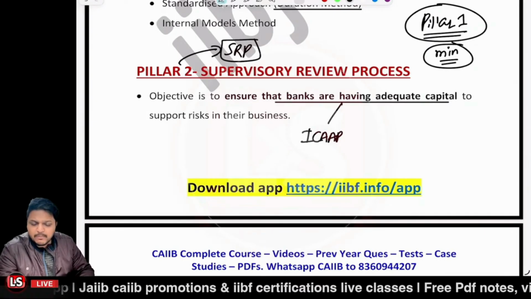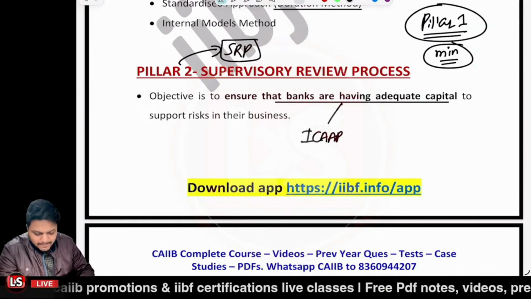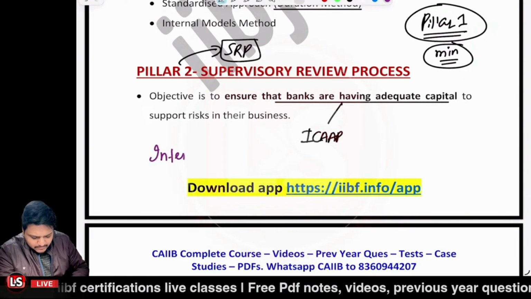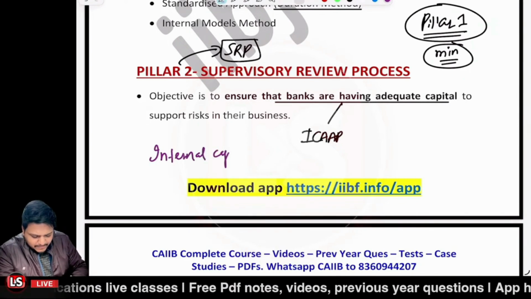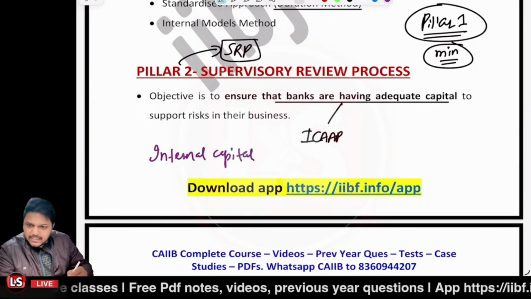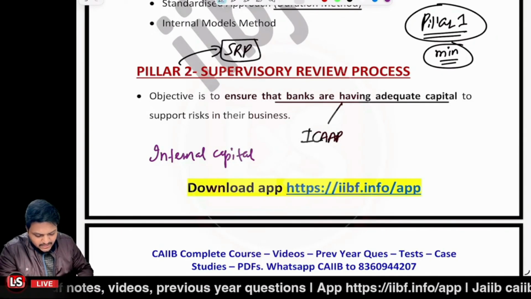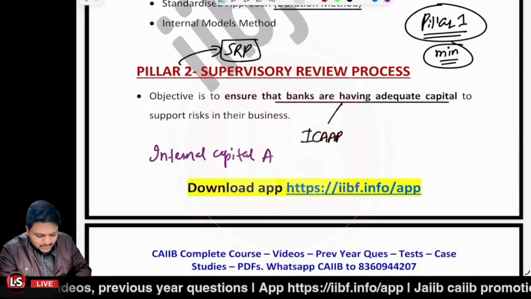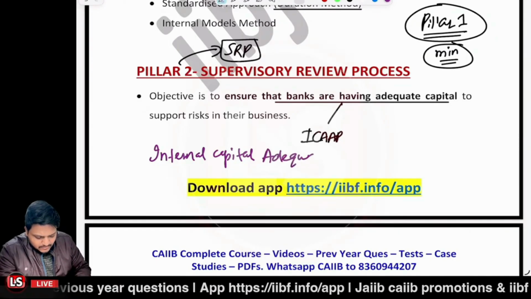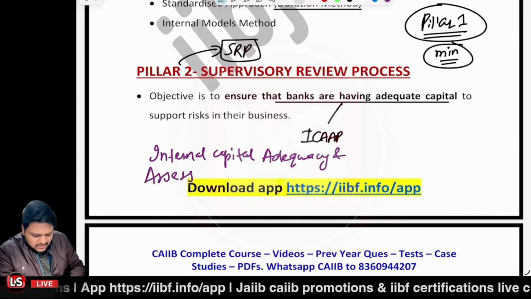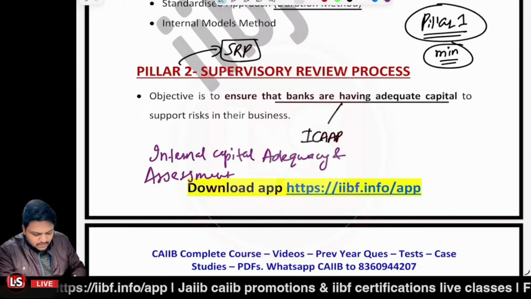ICAAP stands for internal capital adequacy assessment process. The name suggests everything about it.